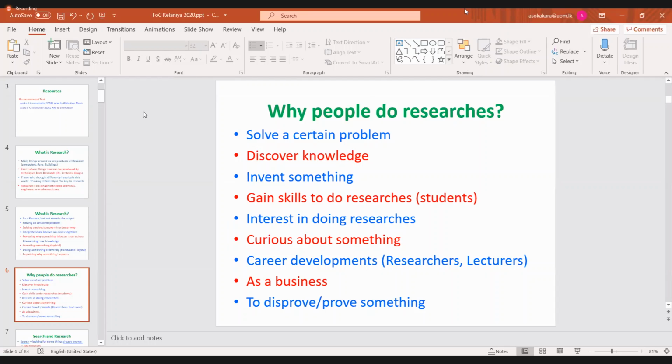Actually, some people do research as a business. That is also a very interesting thing. That means they solve problems for other people. Give me an example. There are a lot of finance research firms.